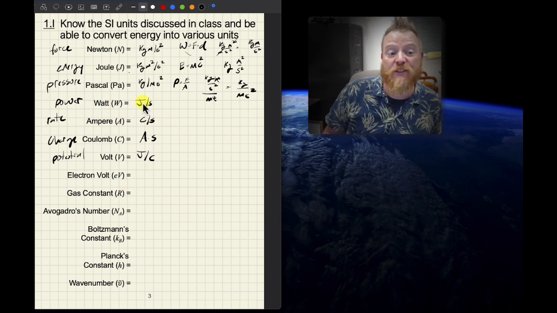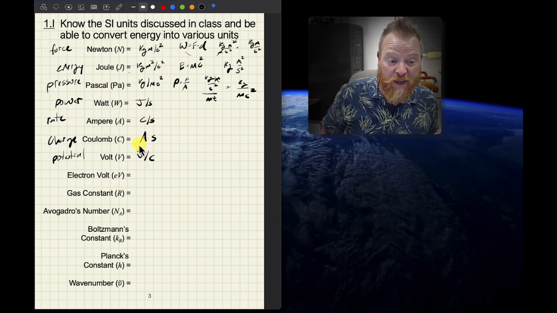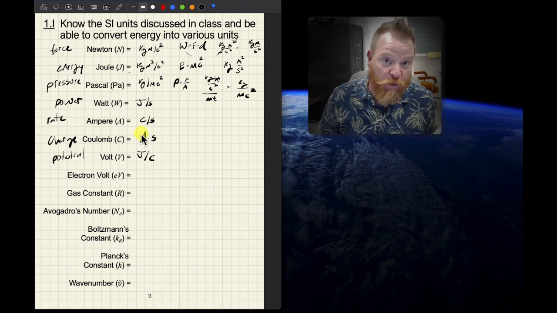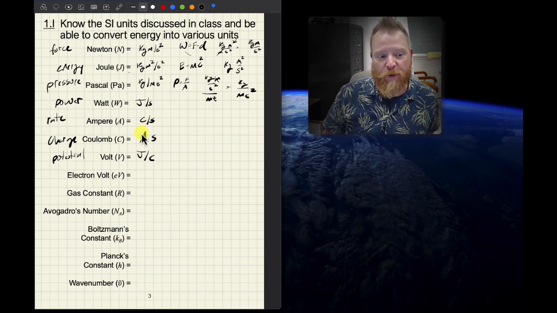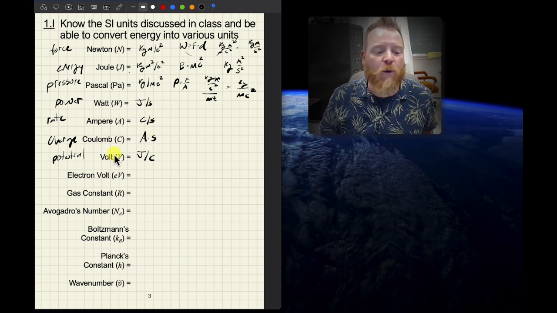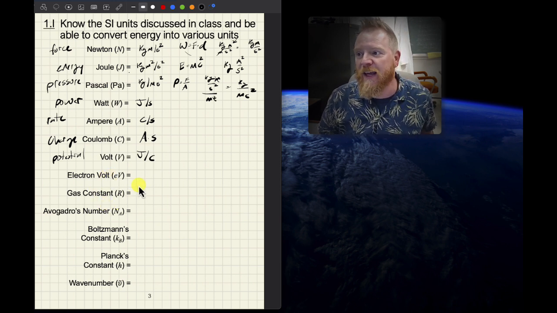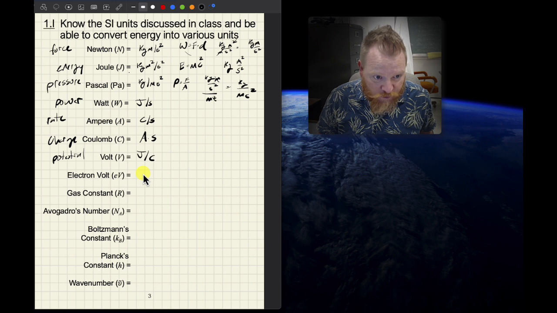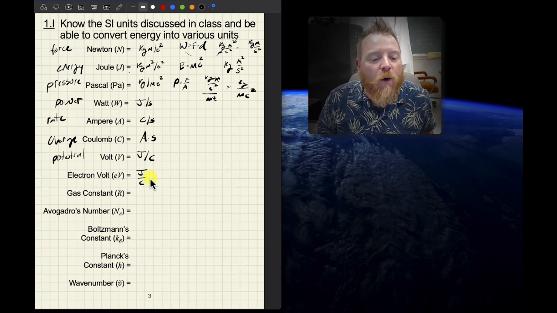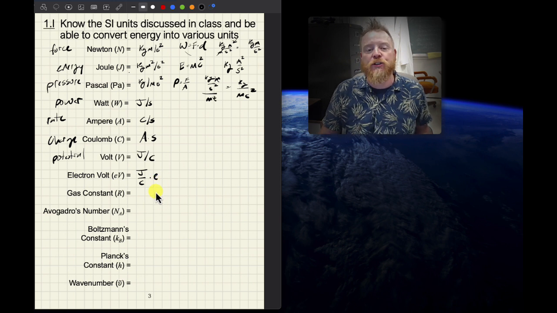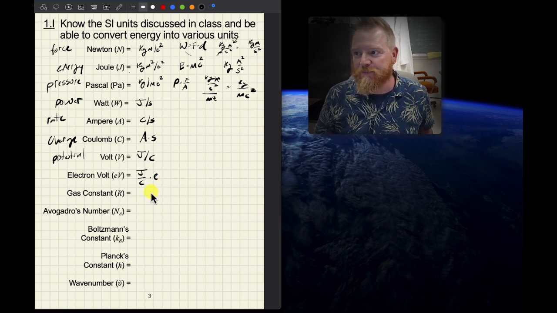You can see there are some other creative ways that we could plug in that unit for volt to help us with remembering these. The electron volt is a fundamental unit. Because it's a volt, it has units of joule per coulomb multiplied by the fundamental charge e.